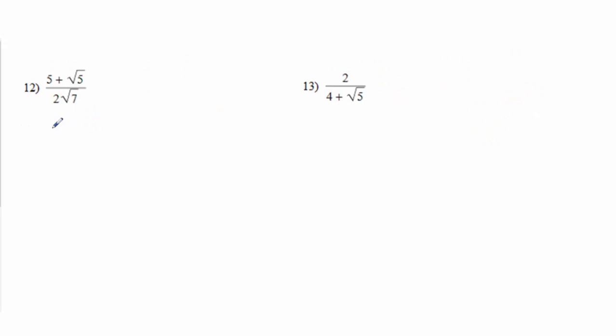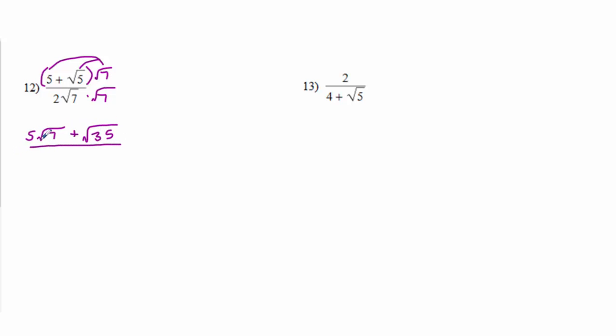All right, so 12, we're going to do what we just did. We need to multiply the top and the bottom by the square root of 7 to get the square root off of the bottom. But on top, that means we're going to have to distribute. So 5 times the square root of 7 is 5 square roots of 7. Square root of 5 times square root of 7 is the square root of 35. That's the top.